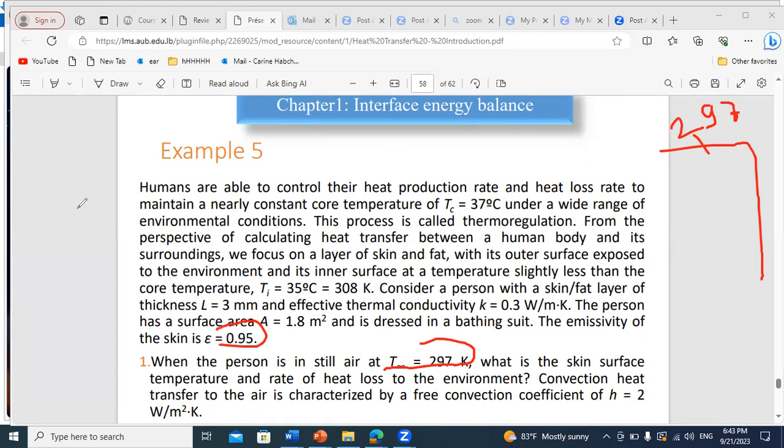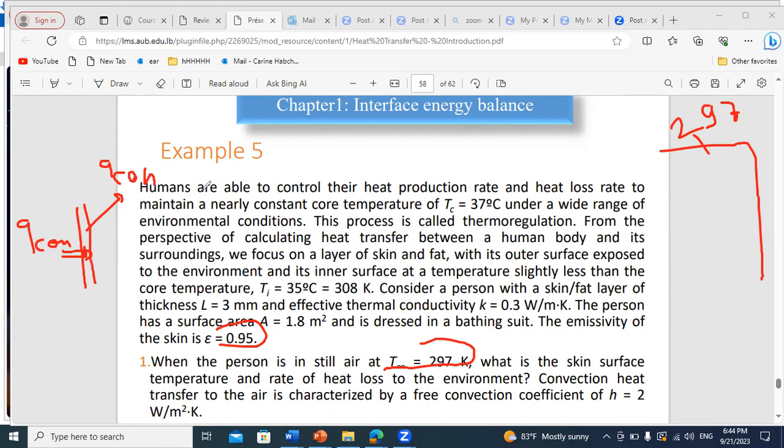So here the idea is that within the thin skin fat layer, we have heat flux by conduction, Q conduction. And this heat will be transferred out of the skin layer by convection and radiation when you have air. But when you have water, as we said, water is opaque to radiation.